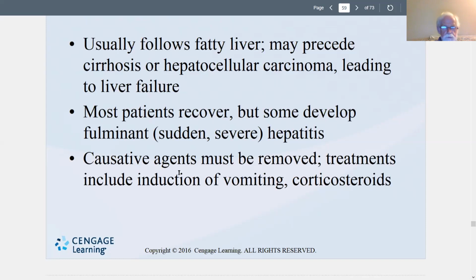Most patients can recover if we can catch it and figure out what's going on, and help them get over the condition. But there is a fulminant form, which means just sudden and very severe, which often is very, very dangerous to the patients. Causative agents have to be gotten out of the body somehow.